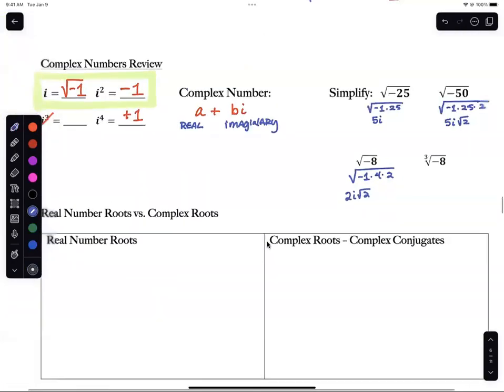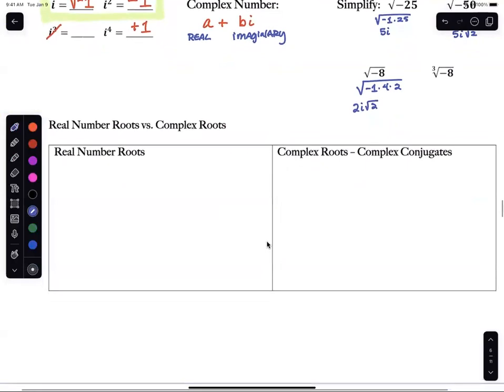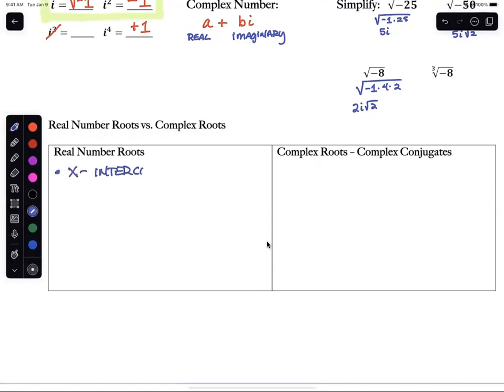Just to do a little review on simplifying complex numbers in radical form. We can actually talk about this whenever we have class again, but just to do a few little things here: real number roots are x-intercepts, meaning they cross the x-axis. Complex numbers do not cross the x-axis.